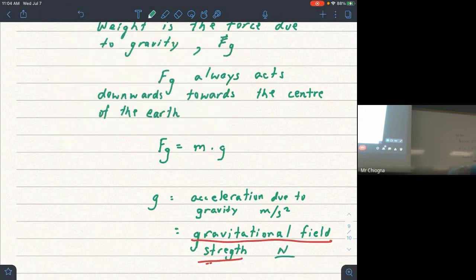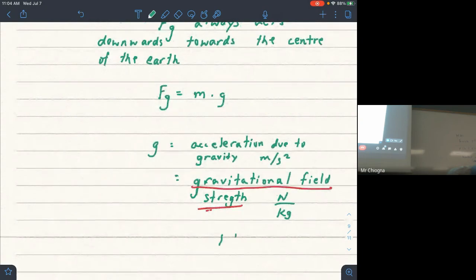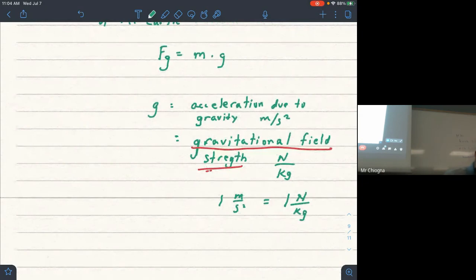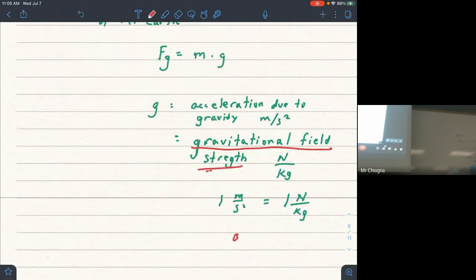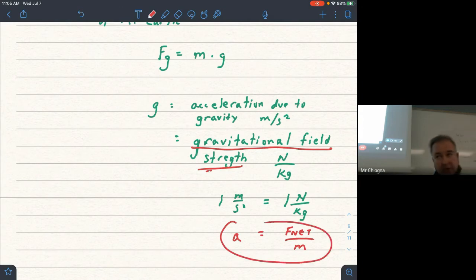It's equivalent. 1 meter per second squared is equal to 1 newton per kilogram. Where does that come from? It comes from acceleration equals force over mass. That's how we know they're equivalent units.